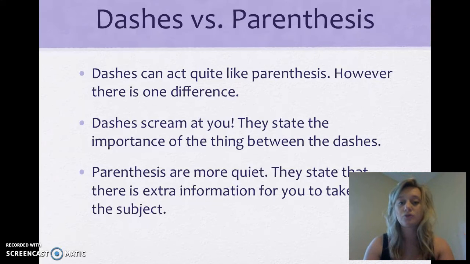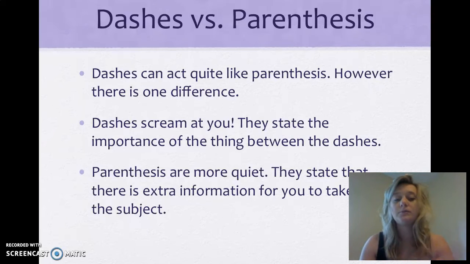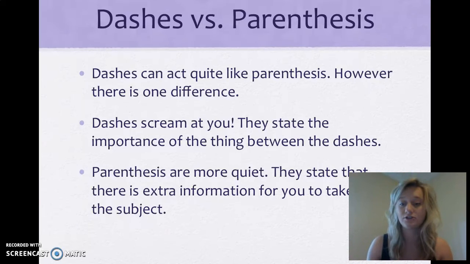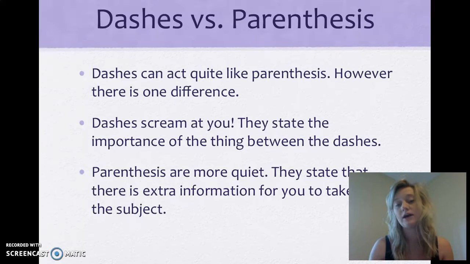Dashes are the ones that scream at you. So you can put information in between parentheses, and it means more or less you don't have to pay attention to this. This is just extra. But dashes are saying, hey, look at this. This is important. You have to pay attention to this. This is extremely important. So they're jumping out at you. It's something that the writer wants you as the reader to pay attention to.